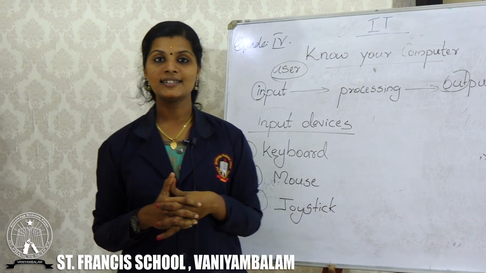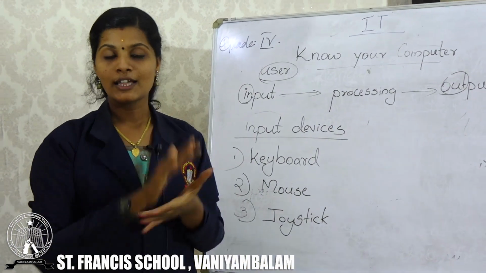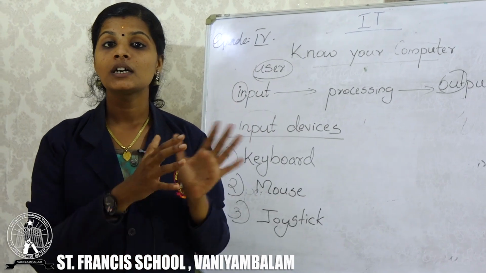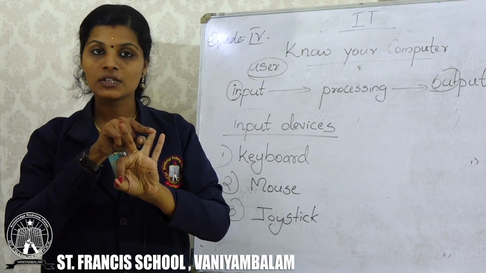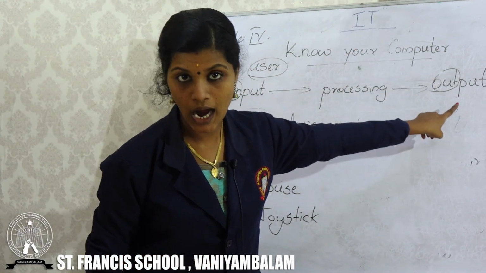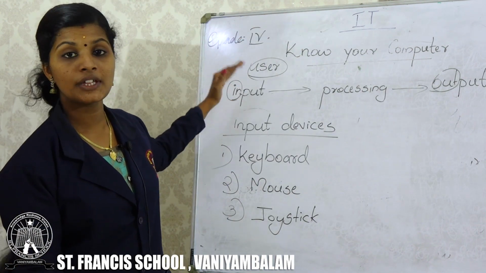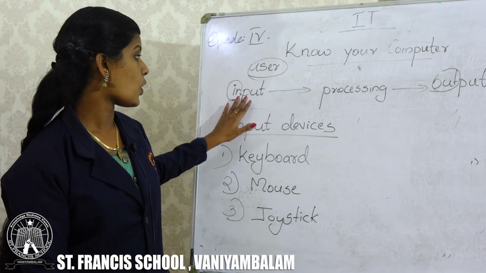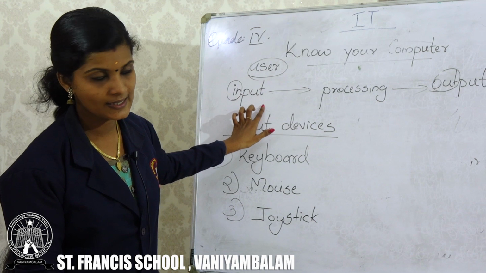Okay, so we have discussed the working of a computer at first. I told you that a computer's working is according to three steps: input, processing and output. The data and instruction we are entering into the computer is known as input and the device used is known as input device.